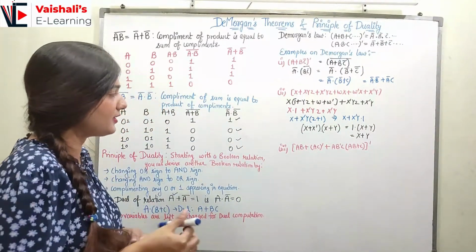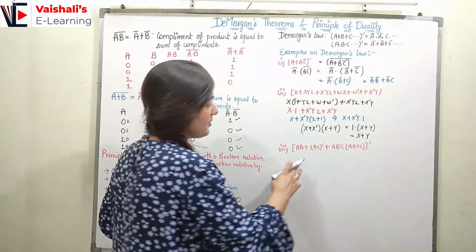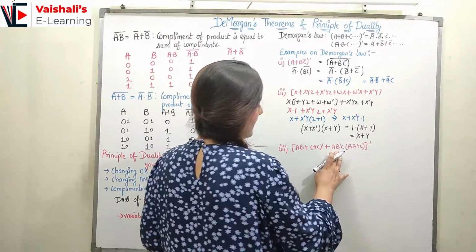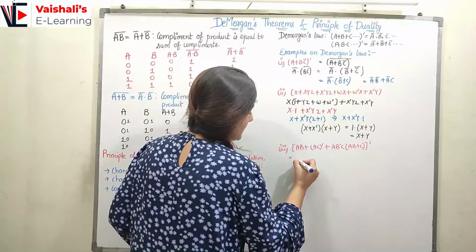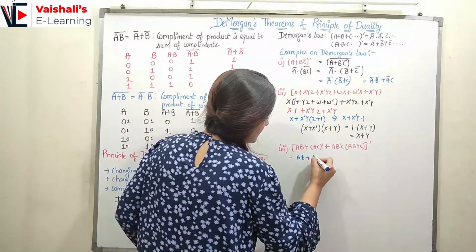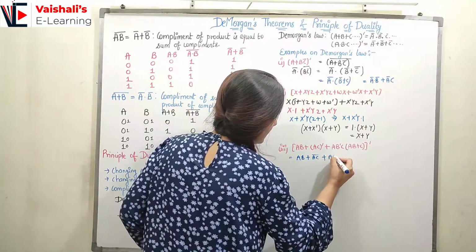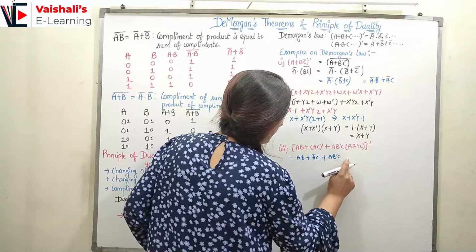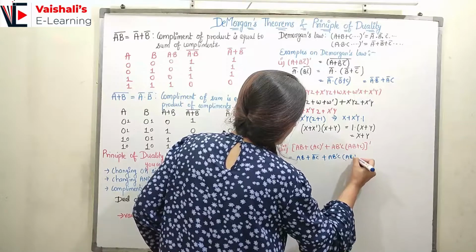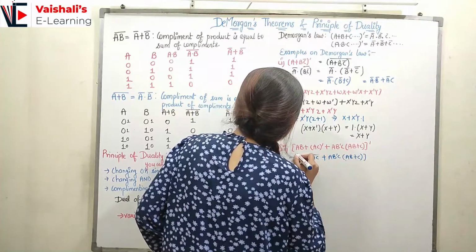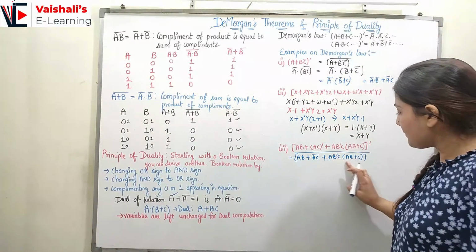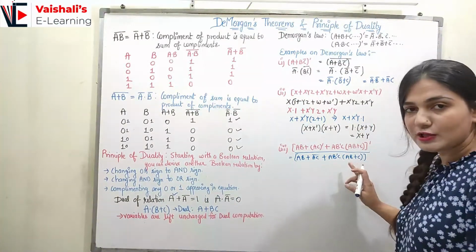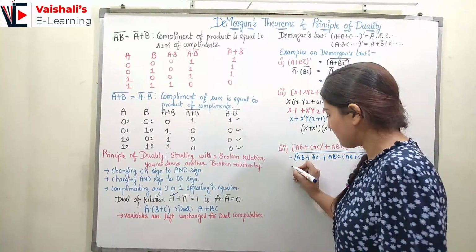Coming to the next expression, we have AB plus AC bar plus AB'C, (AB plus C) whole complement. So we can write it as (AB plus AC complement) plus AB'C, (AB plus C) whole complement. Right, first of all, you can see here we have a bracket, and I can open it first so as to simplify the equation.